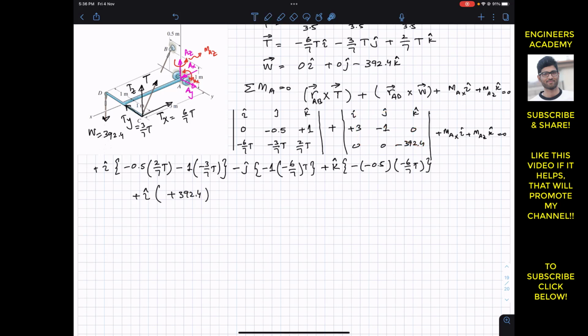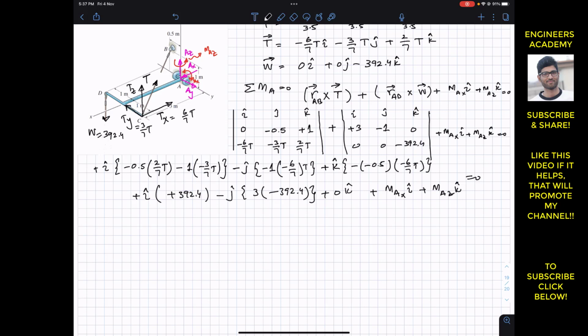Then for j, hide this row and this column, so the product of these two, so minus j, then 3 into minus 392.4. And then for k we need to hide this row and this column, so 3 into 0 minus 0, so this is 0k, so plus 0k, and then we have to write plus maxi plus mazk, and this is equal to 0.